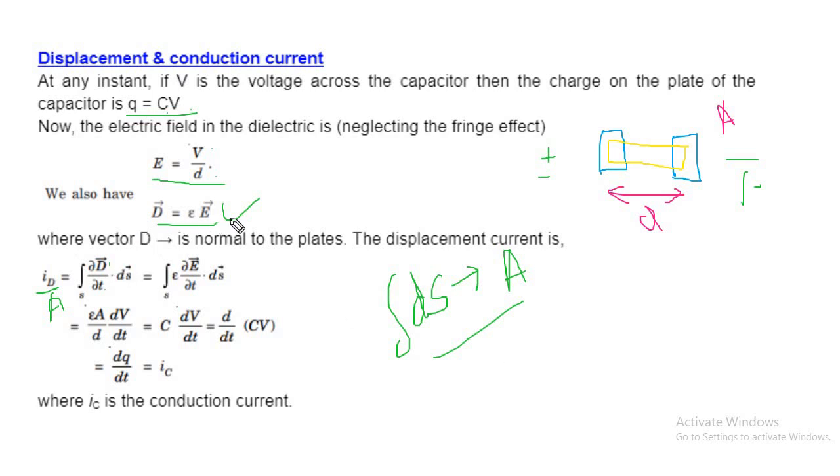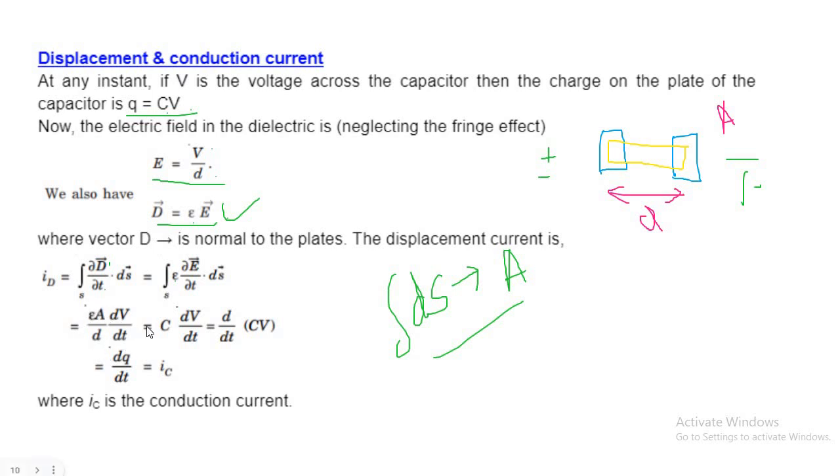What is D? D is epsilon E. Now as we are integrating over dS, this gives you A. Epsilon A, and electric field is given by V by d, so we have d over there and V. So epsilon A by d dV by dt.